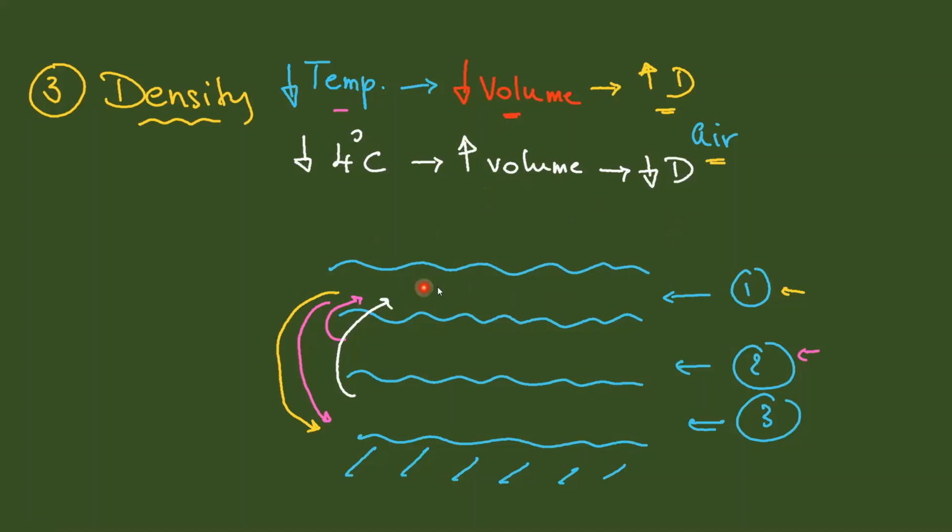Salman, in this case, will the upper layer sink or will it keep on floating? When the temperature reaches 4 and the density decreases, is it going to sink or to float?